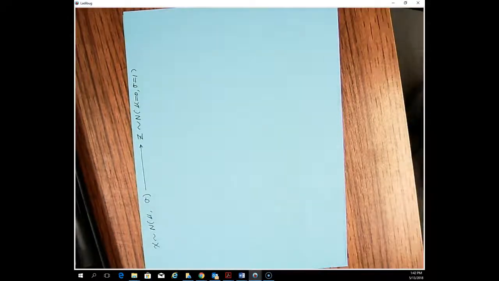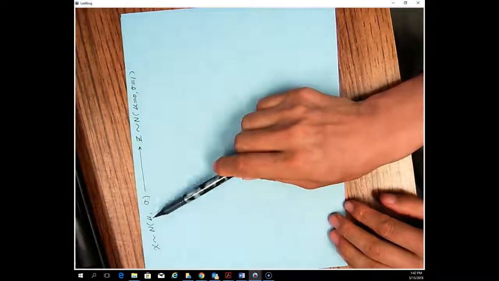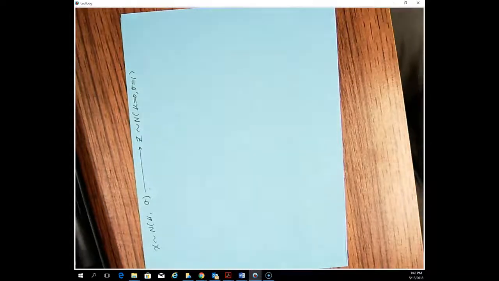For a normal distribution, we have two parameters, mu and sigma. Mu can be any real number. Sigma can be any positive real number. So when you vary mu and sigma, we can have tons of different normal distributions. Out of all the possible normal distributions, we're going to define one special normal distribution, and that's our z distribution.